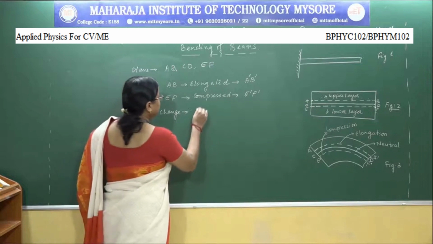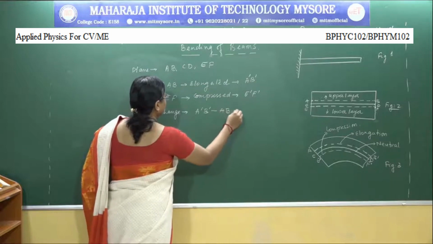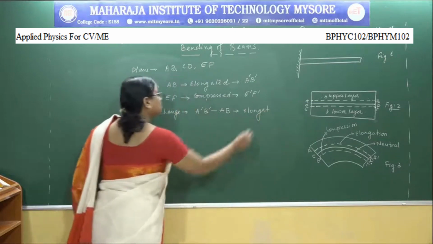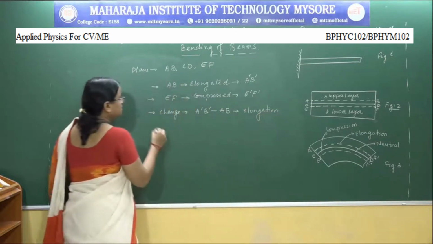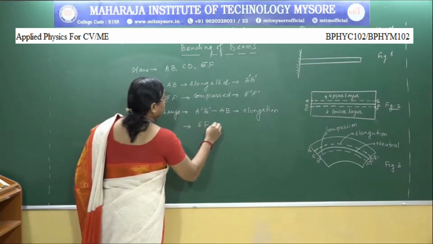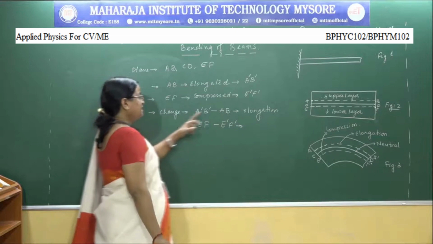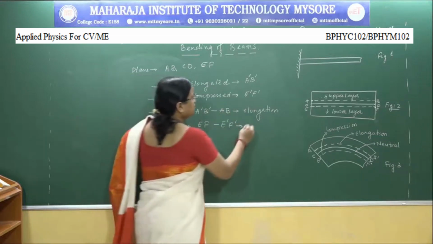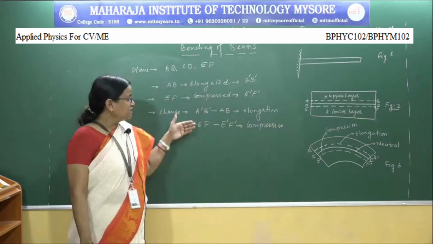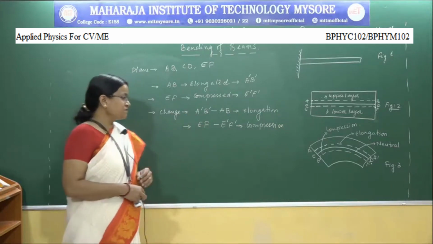To find out the change, A dash B dash minus AB gives you the elongation, and if you subtract E dash F dash from EF, you get the compression value, meaning how much the upper layer got elongated and the lower layer got compressed.